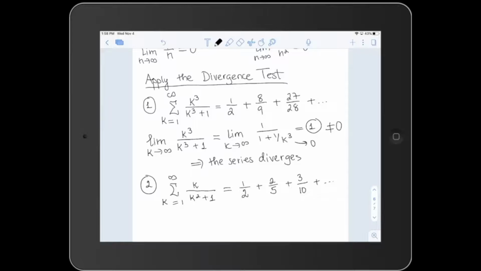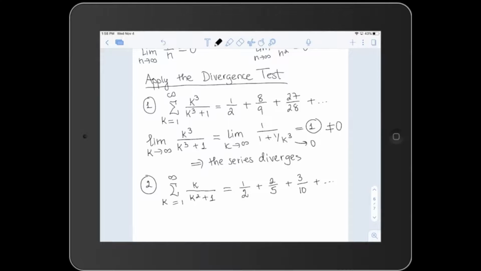So I'm inspecting these numbers. I start with 1/2, and then I go to 0.4, and then 0.3. The next one will be 4 over 4 squared plus 1, whatever that is, right? So I'm inspecting this just to develop this intuition. What's happening here?